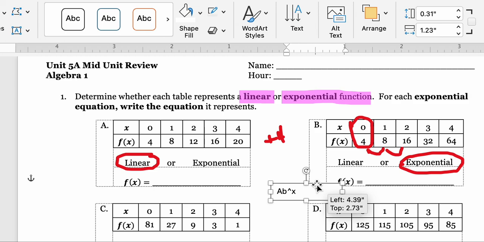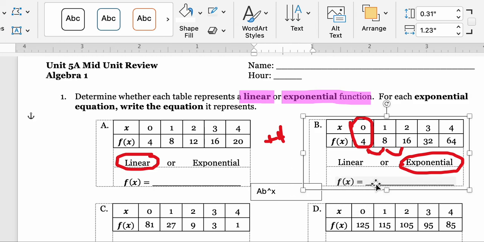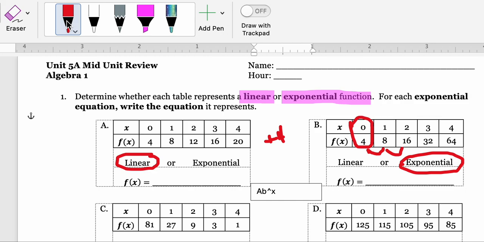So our a is our initial y value, which in this case is 4. And our b value is going to be our growth factor. And our growth factor is how much is being multiplied each time. Well, 4 times 2, 8 times 2. So our growth factor is 2.